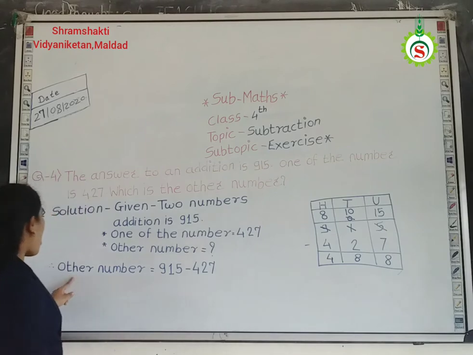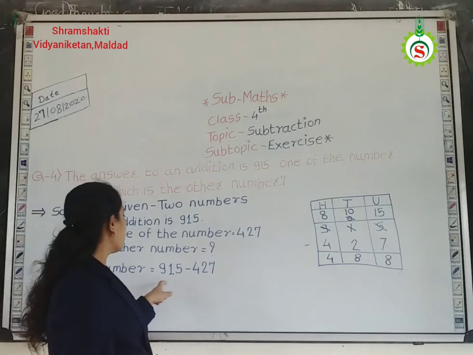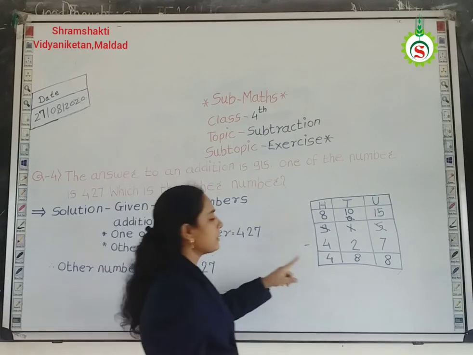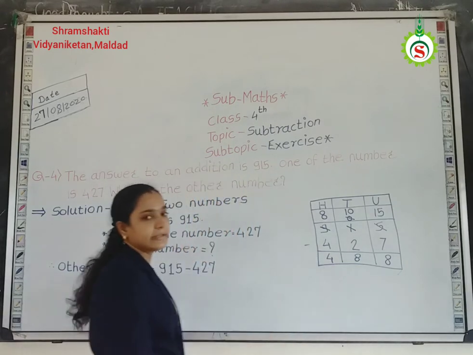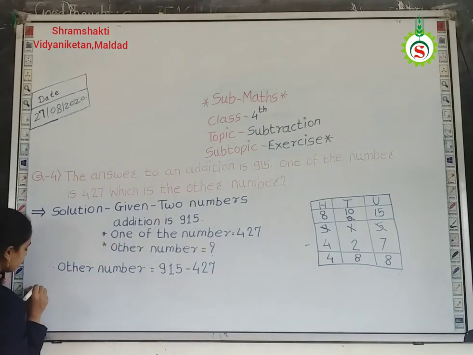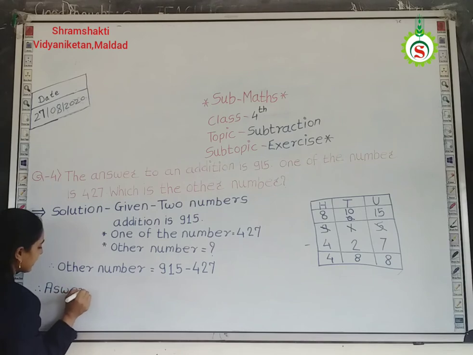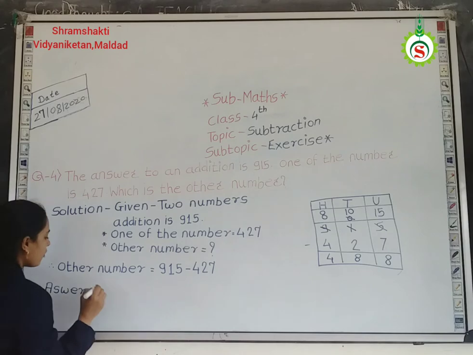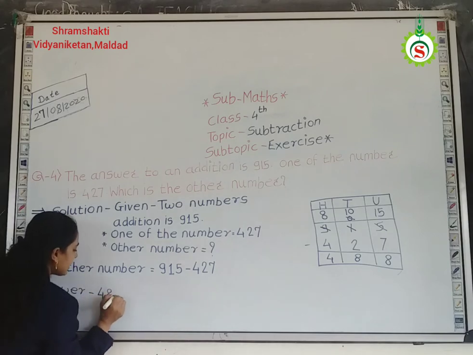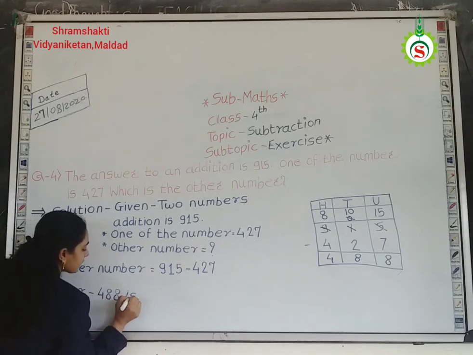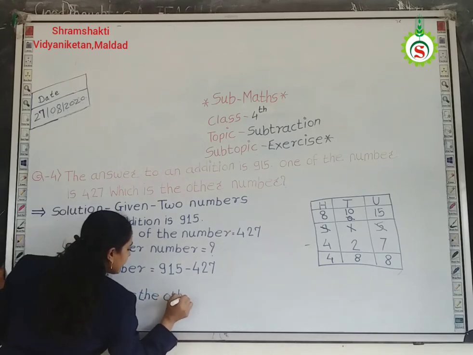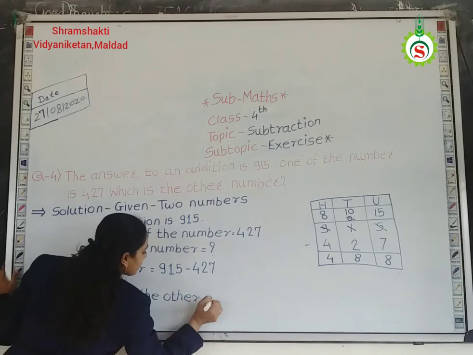Therefore, the other number is equal to 950 minus 427, which is equal to 488. Write down the answer in a full sentence. Which is the other number? 488 is the other number.